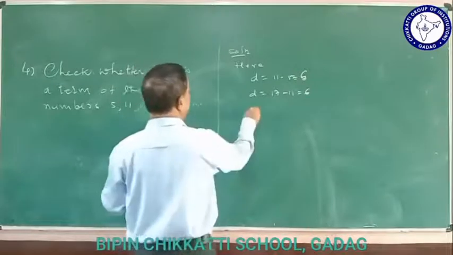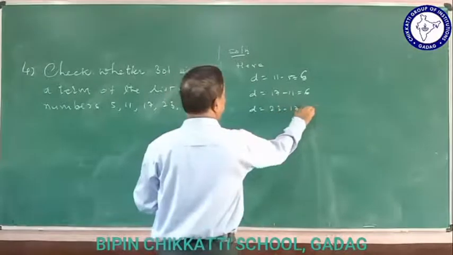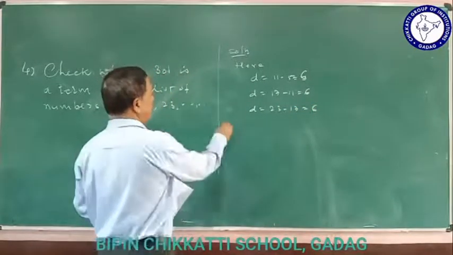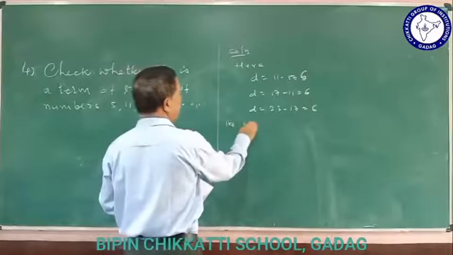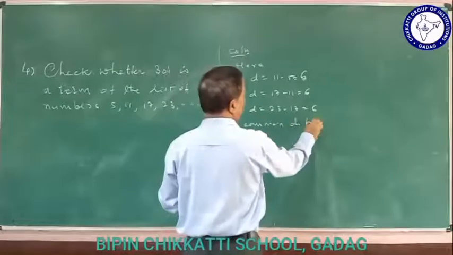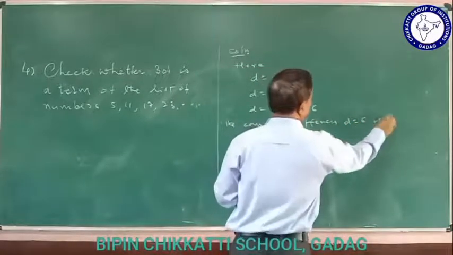And D is equal to 23 minus 17, here it is also 6. So the common difference D is equal to 6, the same.